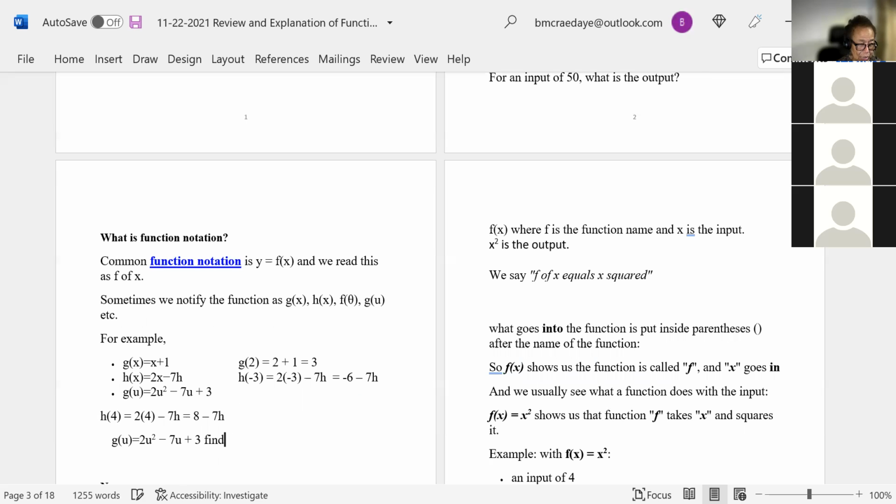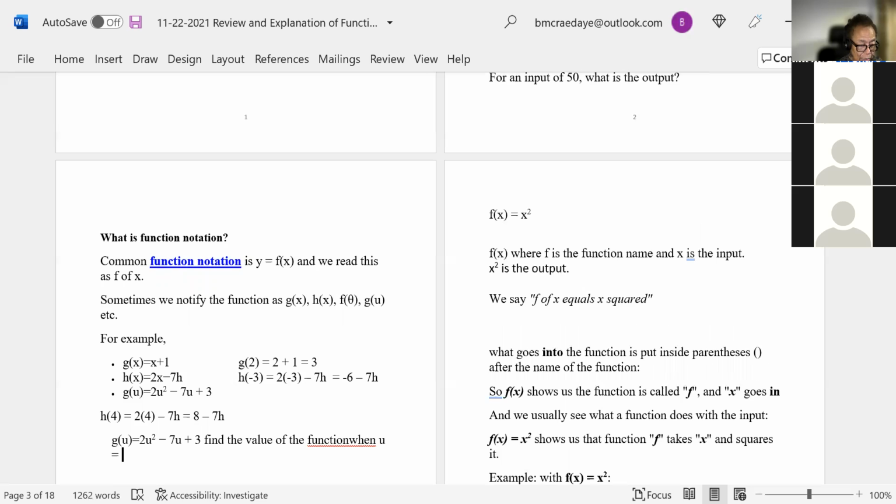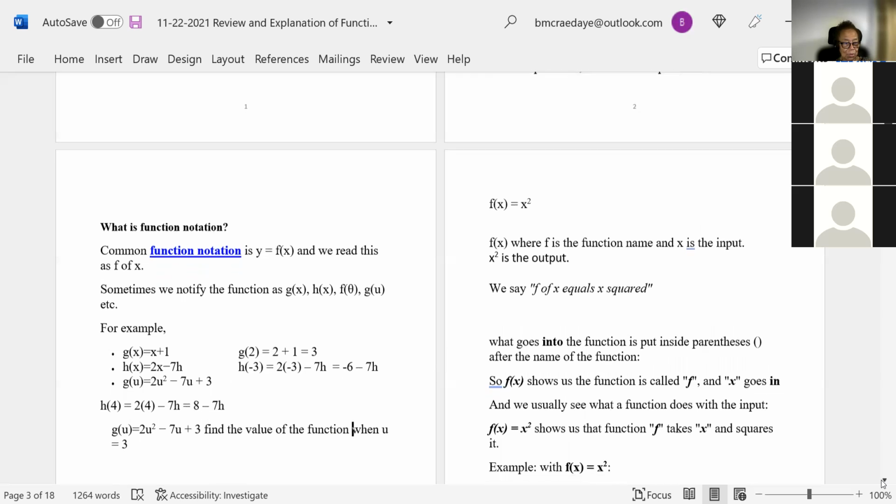This is the way it's usually worded: find the value of the function when u equals 3. I want you to calculate the value of this function when u is equal to 3.